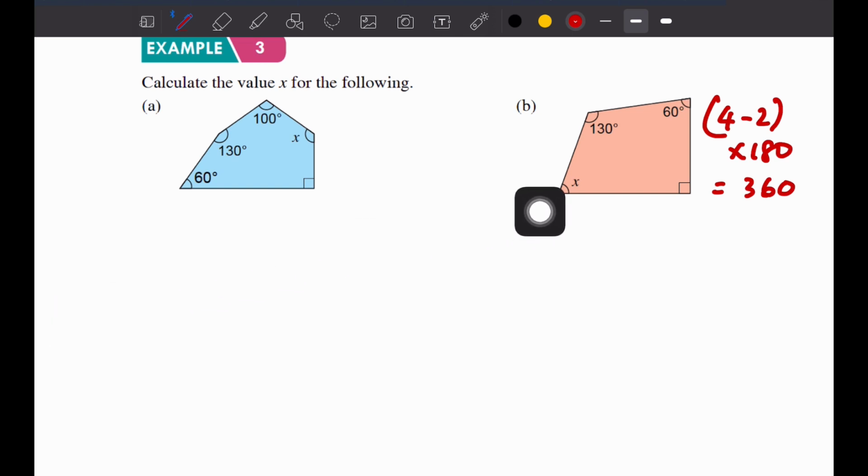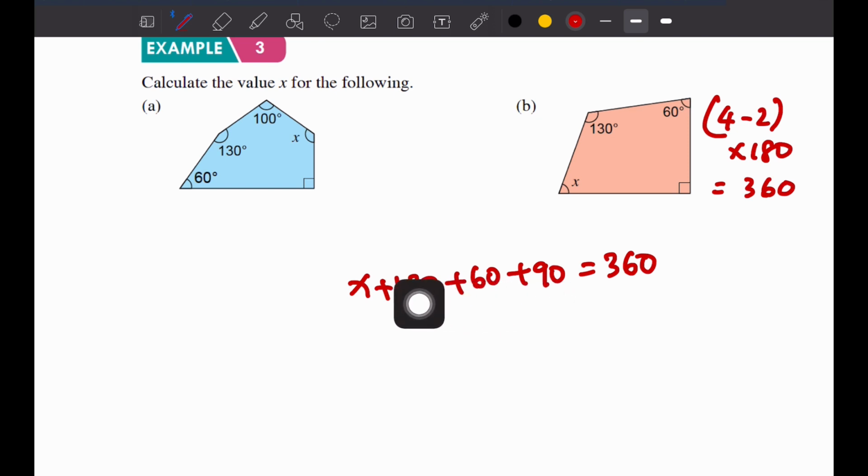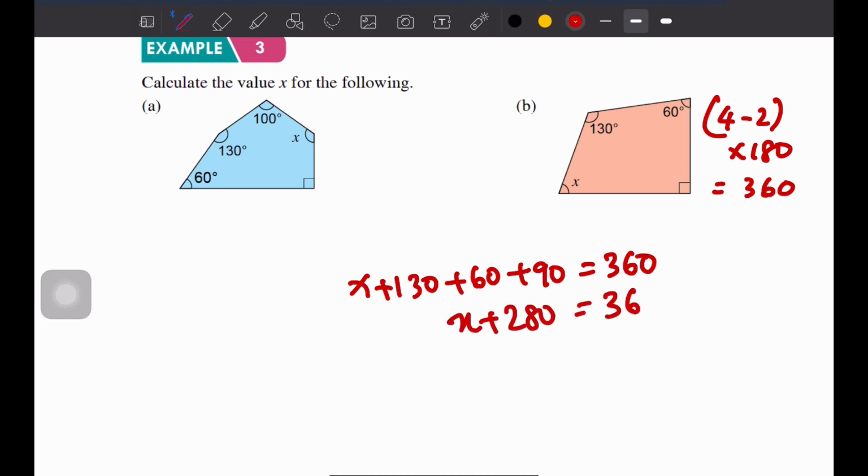So the sum of all these 4 angles is 360. So you can write it as x plus 130 plus 60 plus 90 is equals to 360. So you add up these 3 angles, you will get 280. So x plus 280 is equals to 360.